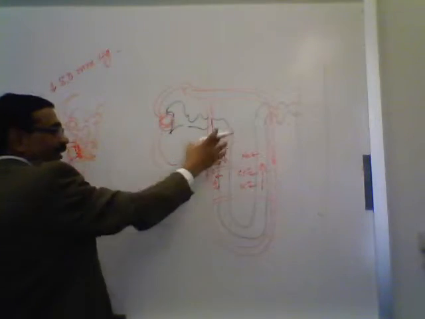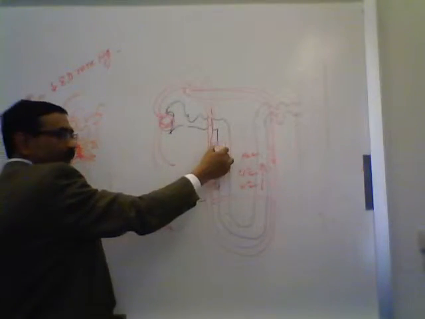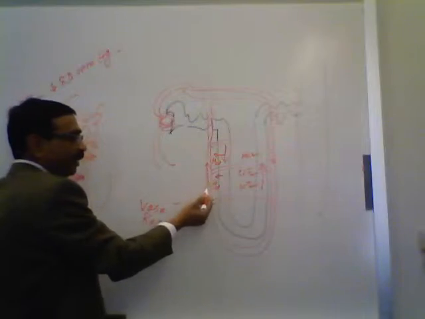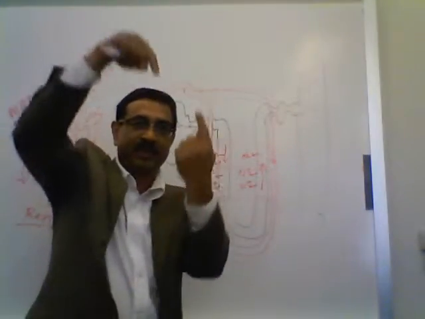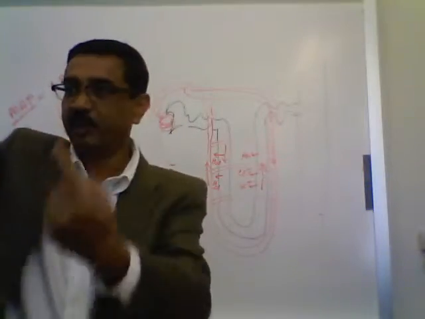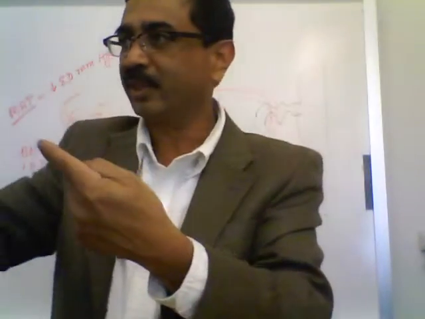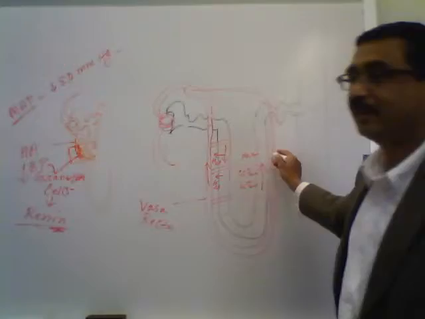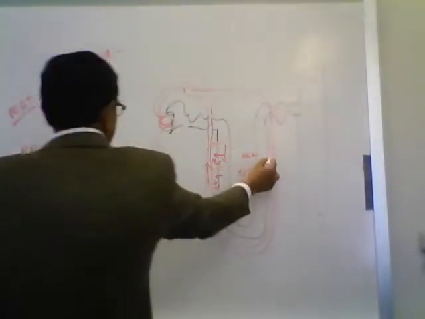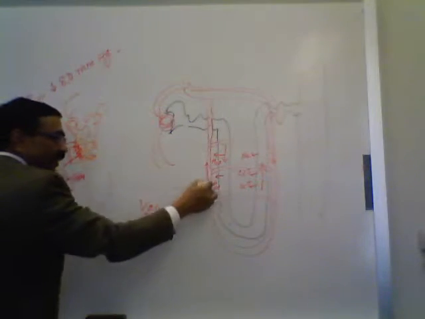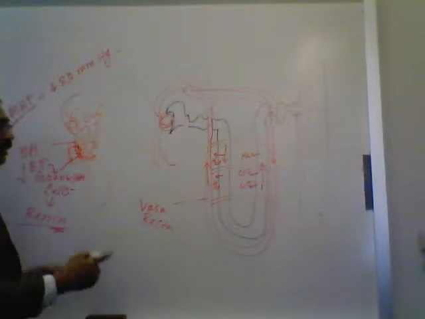So you see here, the fluid is going this way, right? And blood is going this way, side by side, in the opposite direction, right? Opposite direction. That means counter current. The flow is counter, meaning opposite. Also here, in the opposite direction, right? And they are side by side. The limb of the vasa recta and the limb of the loop of Henle, they are side by side.